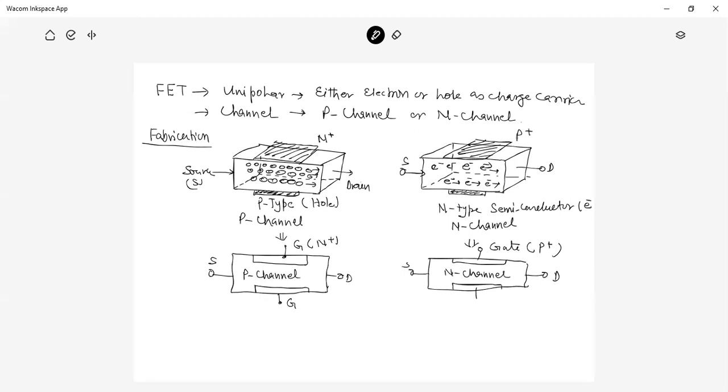So in this way, we can draw the circuit symbol.